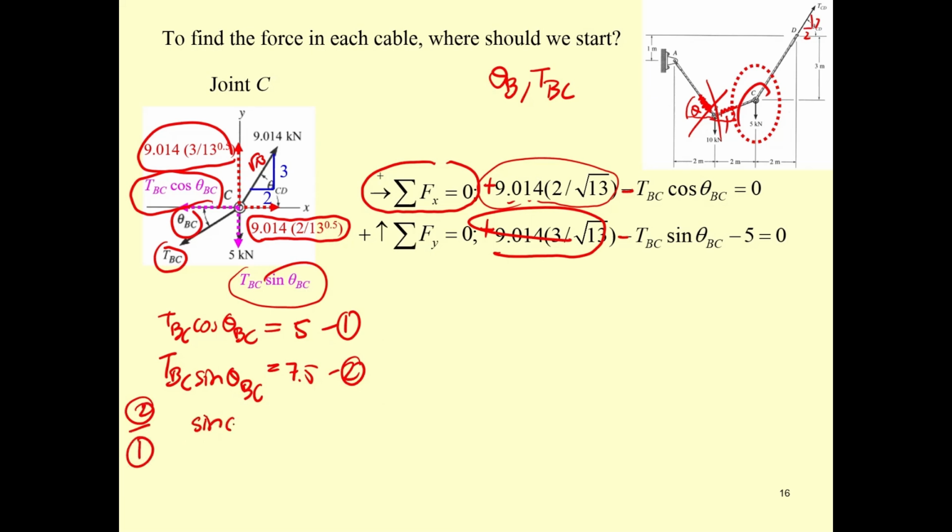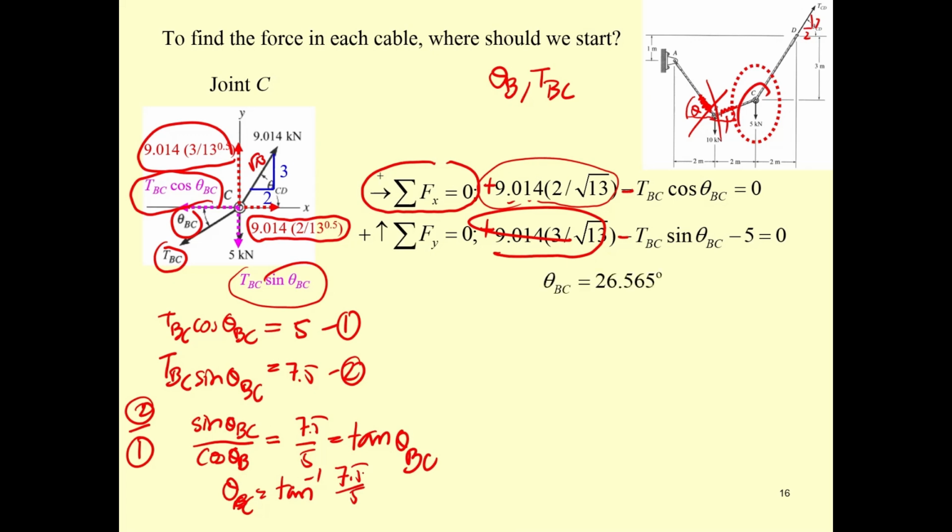You will have sine theta sub BC over cosine theta sub BC equal to 7.5 over 5. That's going to be tan theta sub BC. So you will have theta sub BC equal to arc tan of 7.5 divided by 5. Okay, you should get this one.